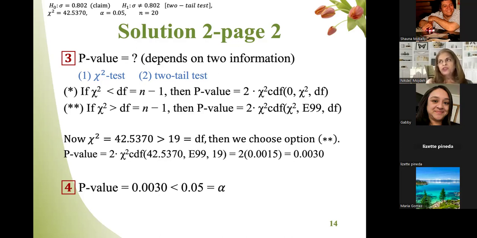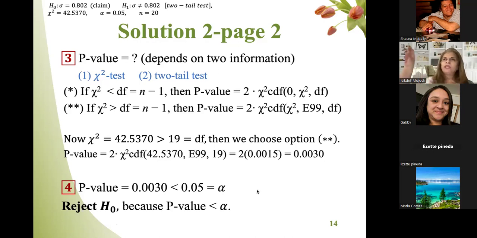So I'm going to reject null because my p-value is falling in the alpha region, the rejection region. And why am I rejecting null? Because my sample measure, S, is far away from my population measure, sigma. And that's not good news. So we're going to reject null.